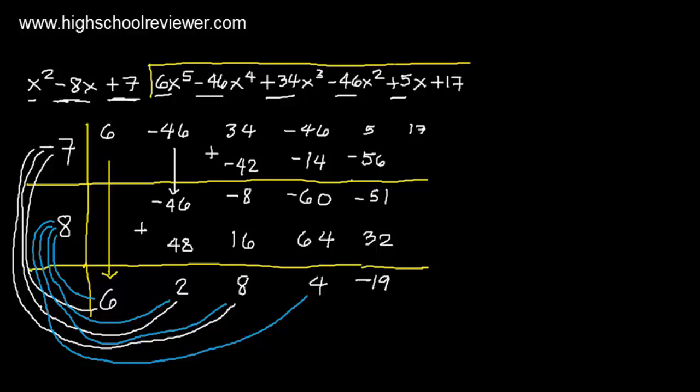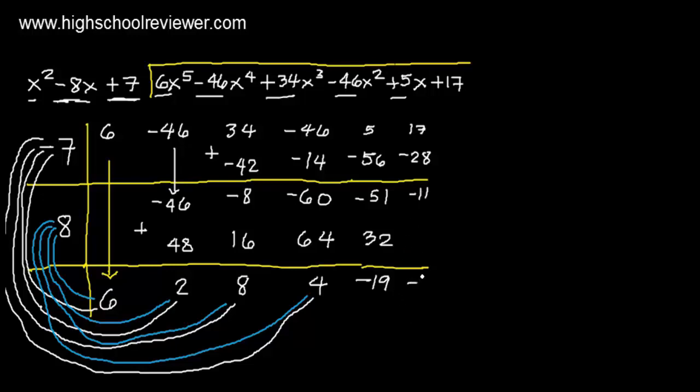And then multiply negative 7 by positive 4, that is negative 28. And then positive 17 plus negative 28, that will be negative 11. And just bring down negative 11. We have the numerical coefficient for our quotients.